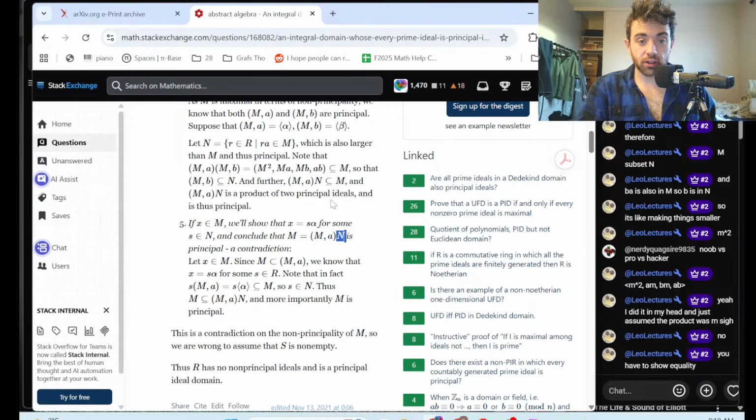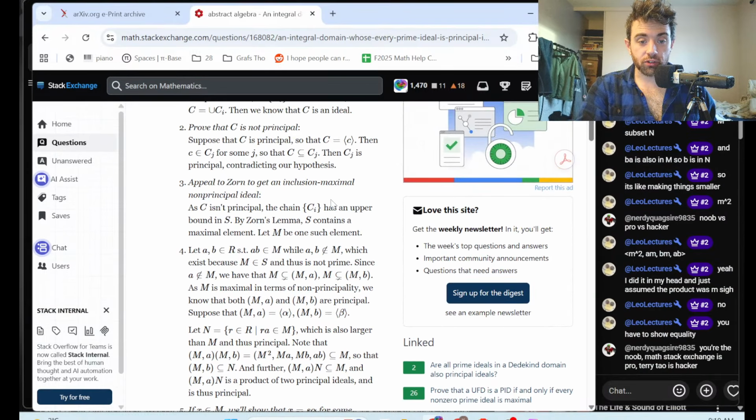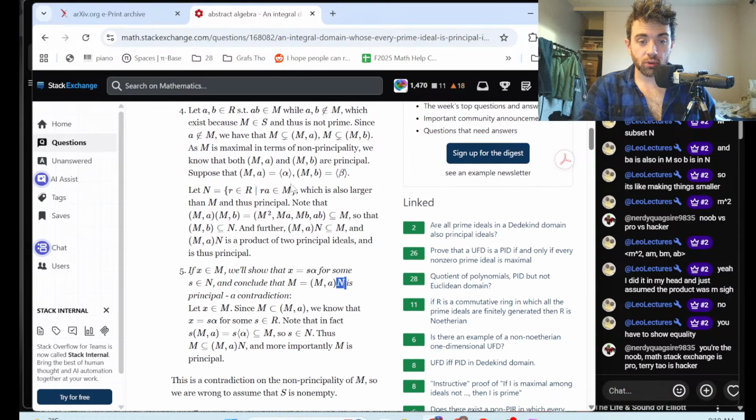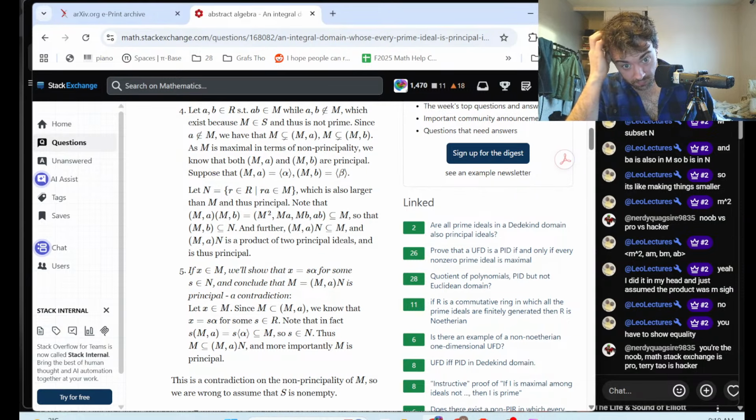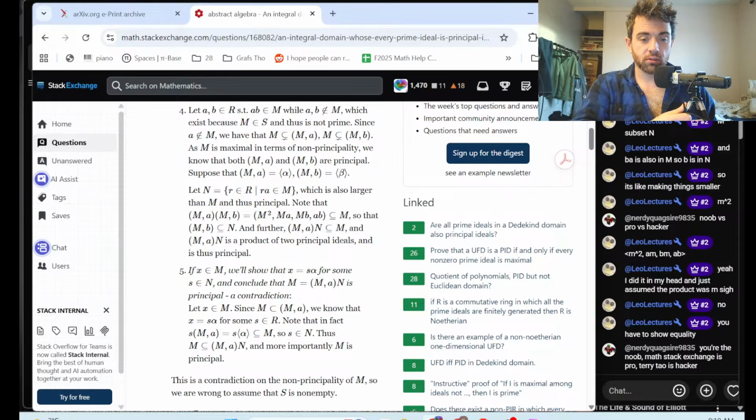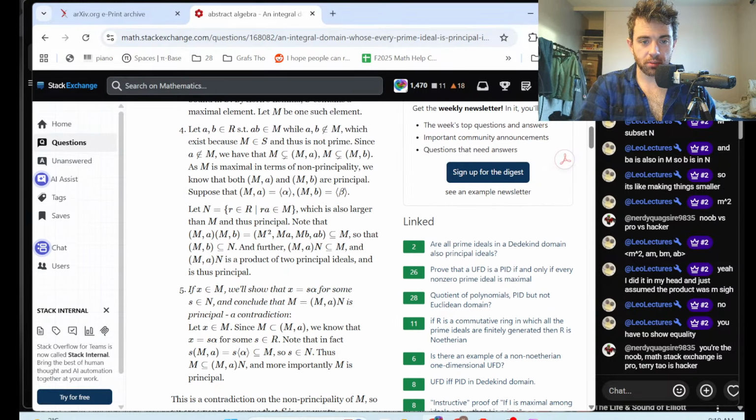And then they put it up against N, which is this colon ideal. Why is that principal, though? Are they making two statements, equality and principality? Wait, what do they mean by alpha? Is alpha not a typo? No, alpha is not a typo. Alpha is the generator of this guy. Right. Okay. I see.